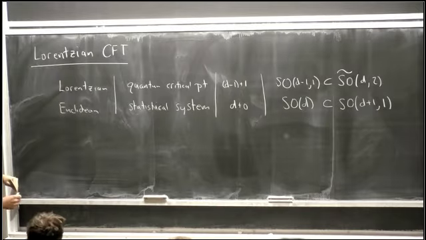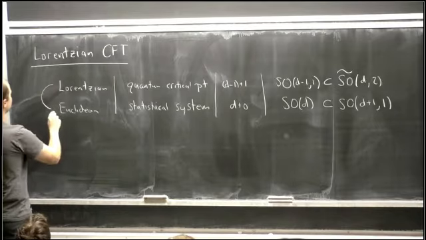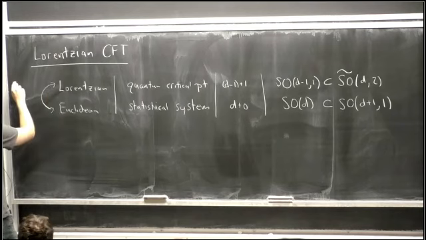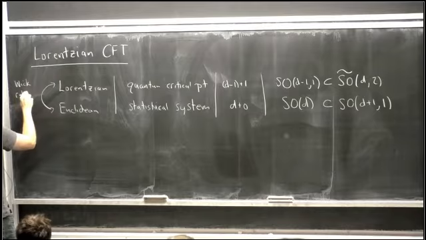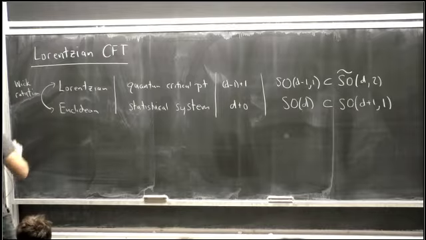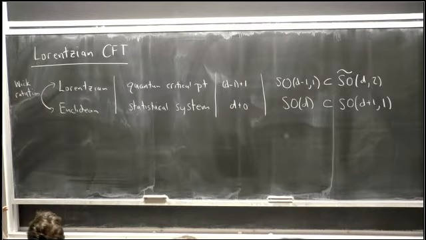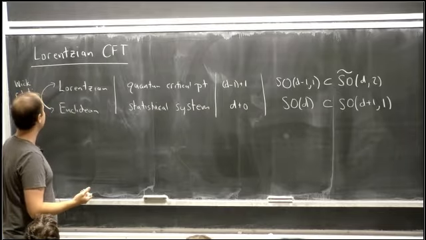In principle, we don't have to study these subjects separately because Euclidean and Lorentzian CFTs, and more generally quantum field theories, are related to each other by Wick rotation. We'll be more precise about what that means in a moment. It's a way of analytically continuing correlation functions from Euclidean signature to Lorentzian signature and back.